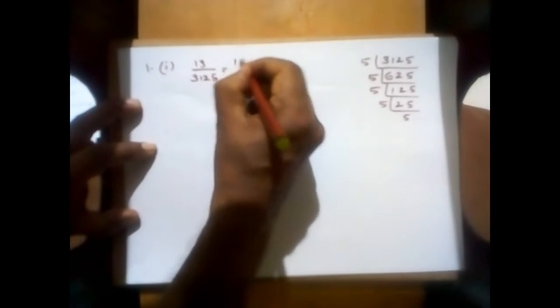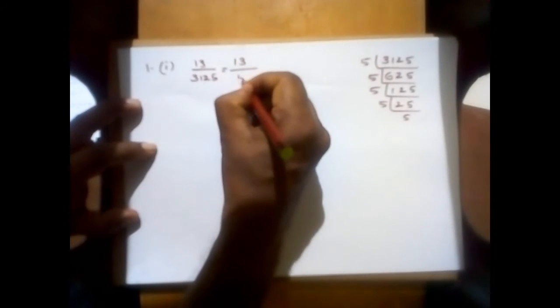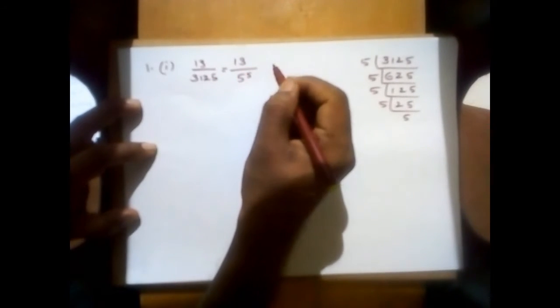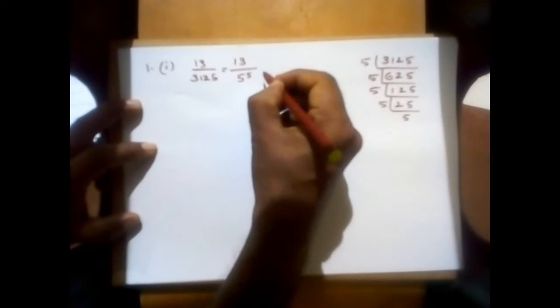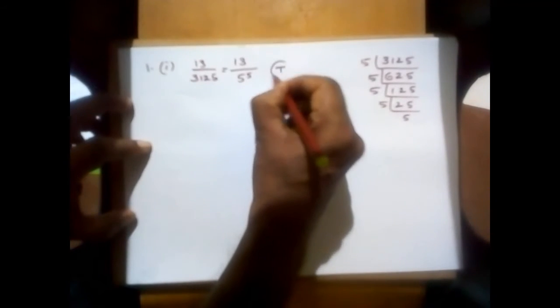So this is equal to 13 divided by 5 raised to 5. So this is of the form 2 raised to n into 5 raised to m. Here 2 raised to n is equal to 0. So this is terminating.